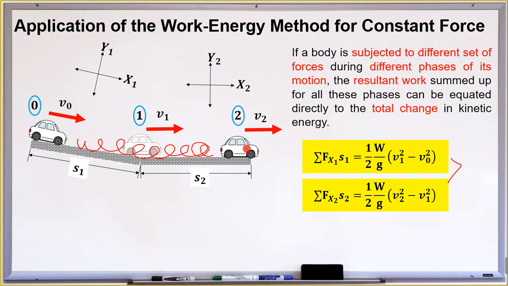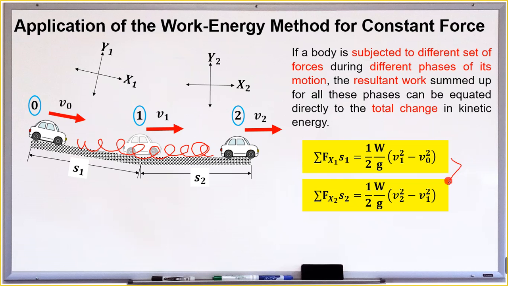This makes our solution shorter, unlike what we did in the previous lessons, where we could not skip: we needed to draw an FBD from the initial state, then connect it to the next object, and then the final. That is what we did, but here it can be derived with just the summation of forces.